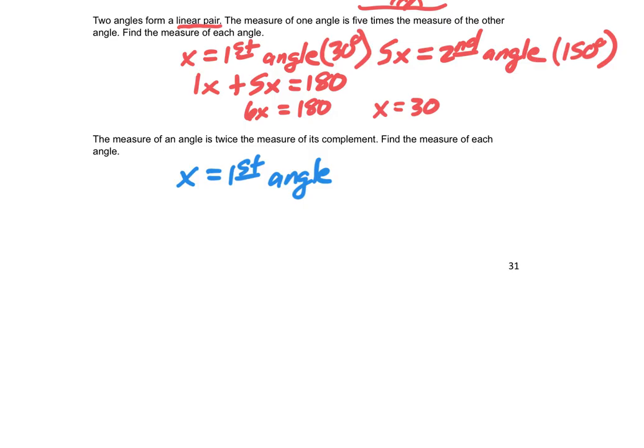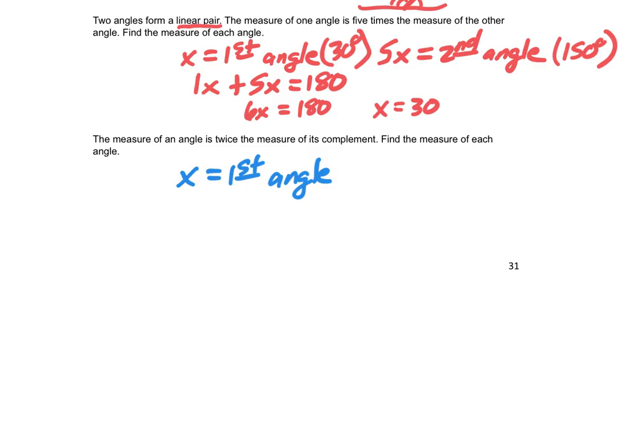All right, Garrett, what would be an expression for the second angle? No clue. Okay, what does it say in the problem? Oh, well, 5x plus the second angle. That's this one. We're down here. First angle, what does this mean right here? Twice. So what does that mean? Are they going to add up to be 180?